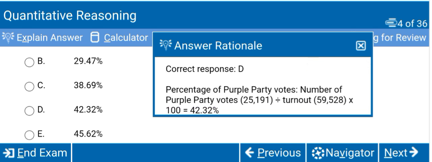Percentage of Purple Party votes equals the number of Purple Party votes, that is 25,191, divided by the turnout, which is 59,528, multiplied by 100, which equals 42.32%.